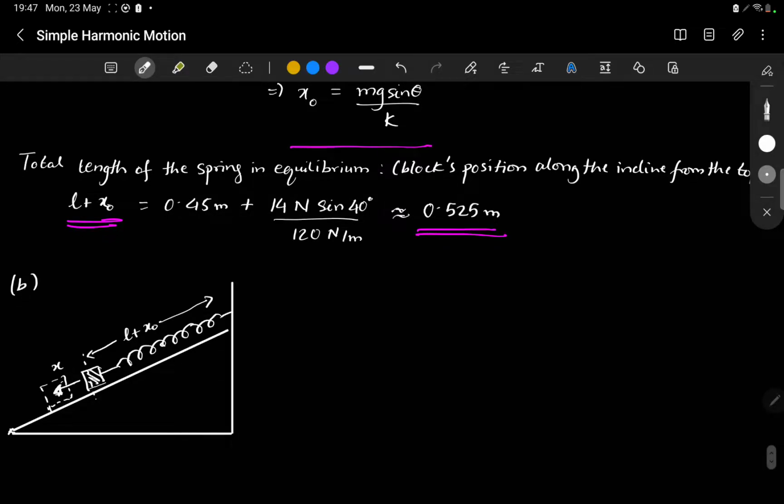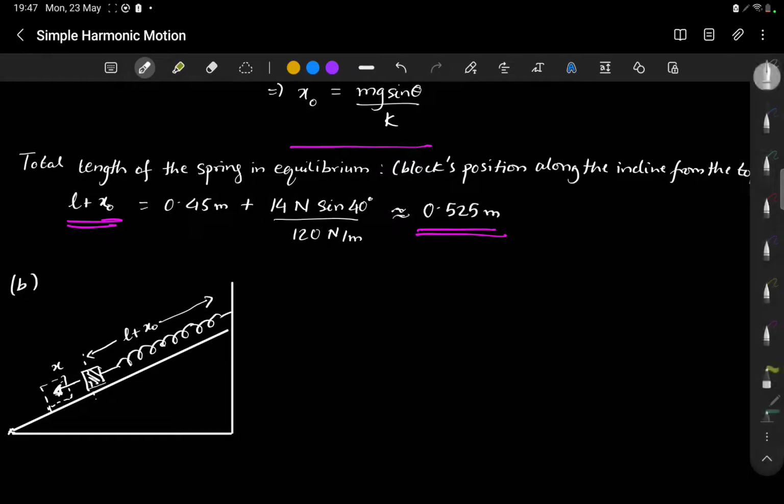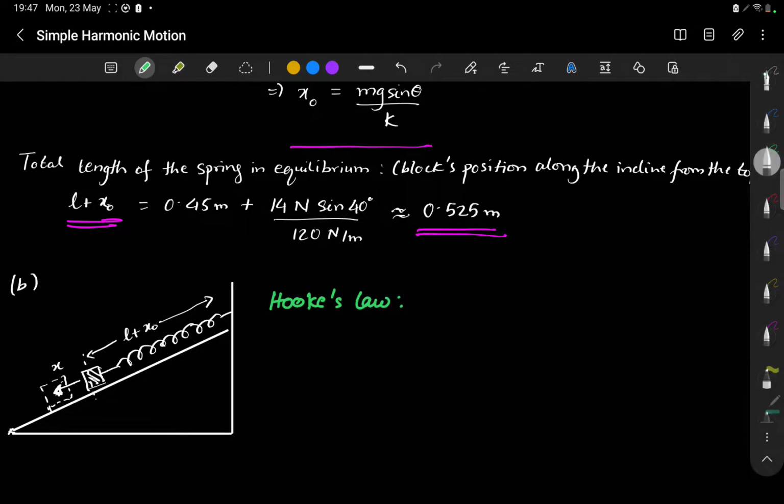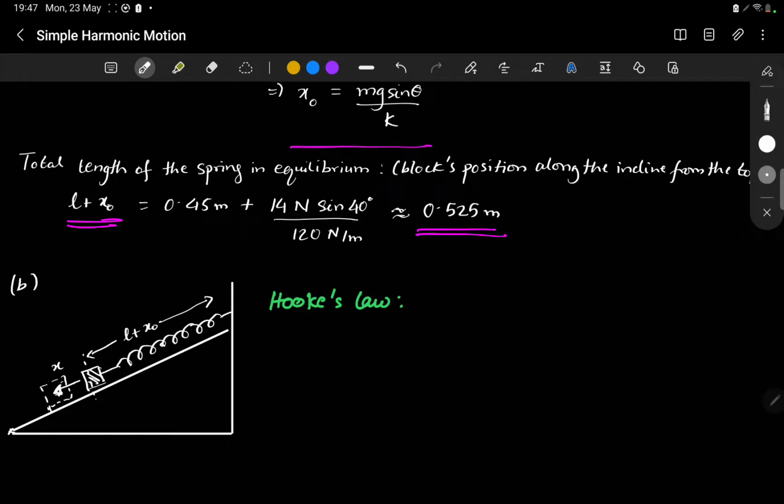Now, from Hooke's law, we know that the restoring force is minus of k times the displacement here being x.